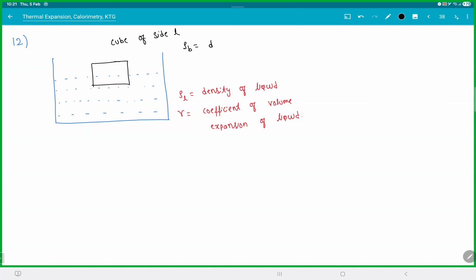Rho b is the density of the block. Alpha is the coefficient of linear expansion of the block. You know this thing from fluid mechanics, isn't it? So x is the depth inside the liquid.